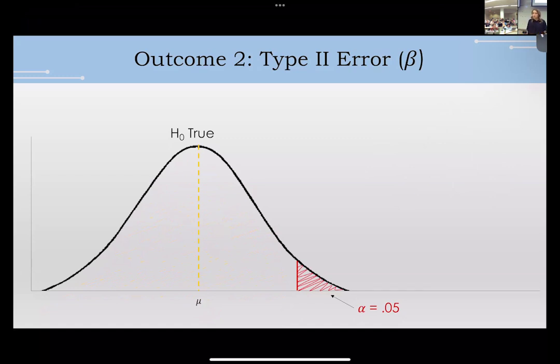What's outcome 2? Well, outcome 2 is that we make a type 2 error. So again, remember, this is the same conclusion. We've already kept our old sushi restaurant. We've already retained the null, right? But there's a possibility, I'll use the analogy first and then I'll show you on the graph. What happens if I just happen to try one of the crappier dishes at the new restaurant?